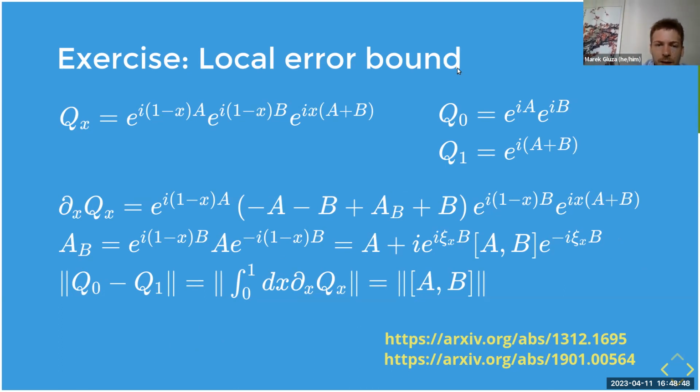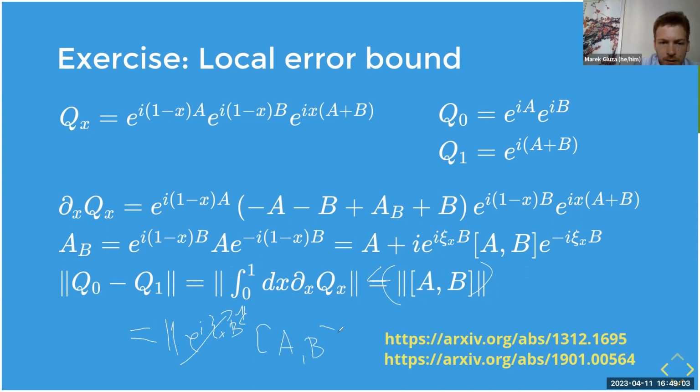Then the whole bound, until we get here into a bound, we will get that this is the norm of e to I xi x B, which is unitary, replaced by identity, A B, and here we might have a xi x, and here we might have a dx, okay?